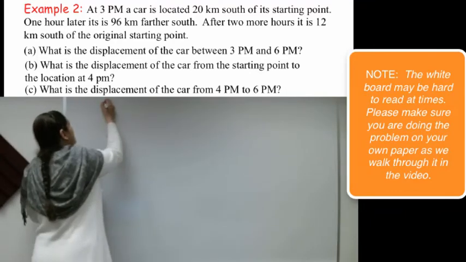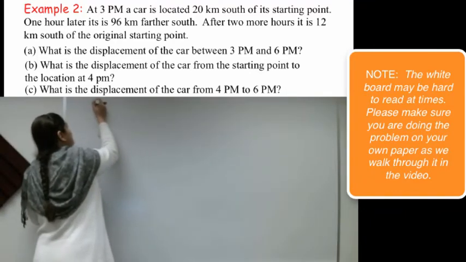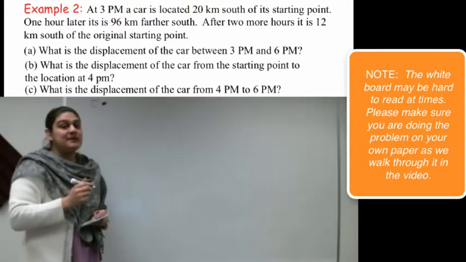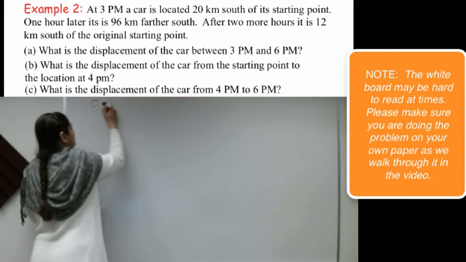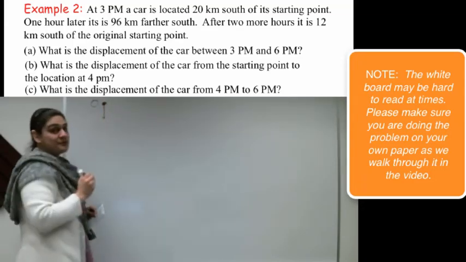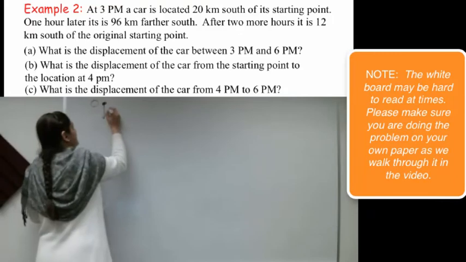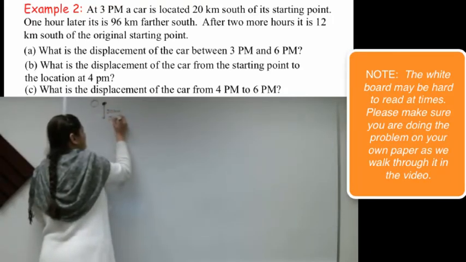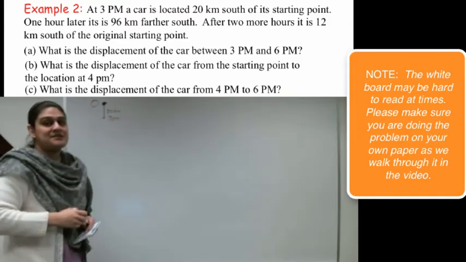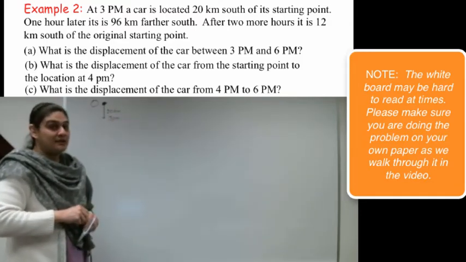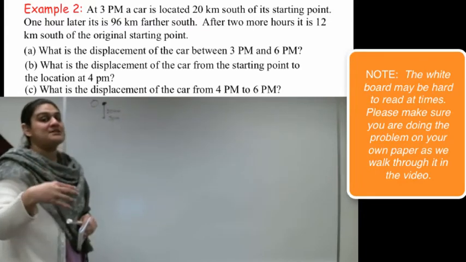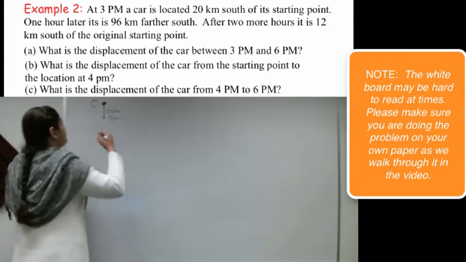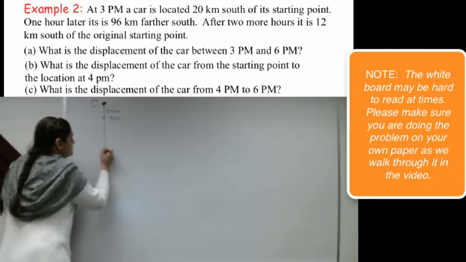So let's say our car is located here, and that is going to be my original point, so I'm going to call it my origin. And at 3 p.m. the car has moved towards the south, and it is 20 kilometers towards the south at 3 p.m. Okay? Next it says, 1 hour later, which makes it 4 p.m., the car is 96 kilometers further south, which means that from here, we need to move all the way down.